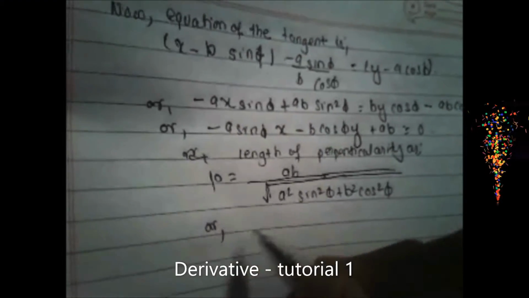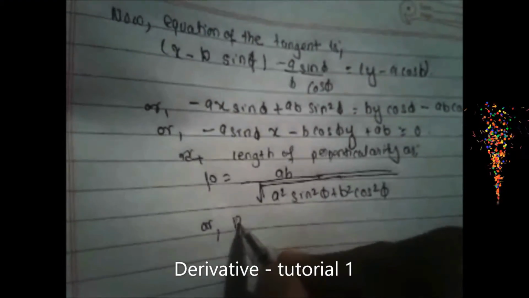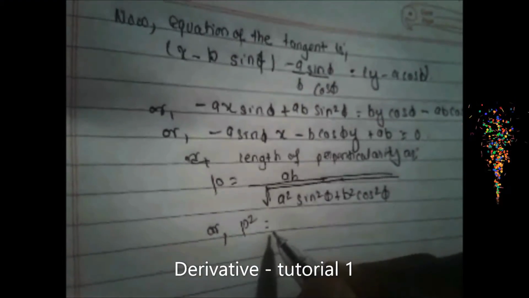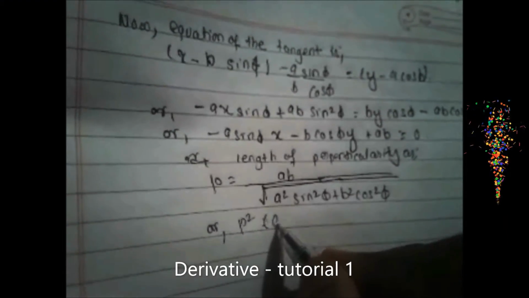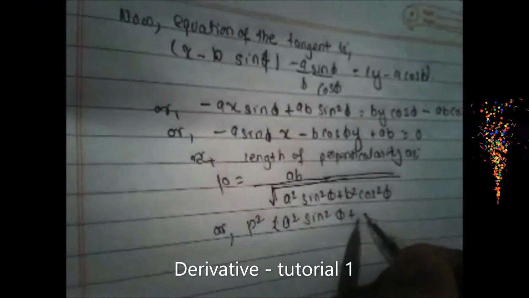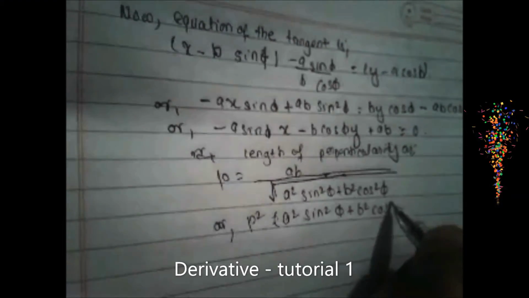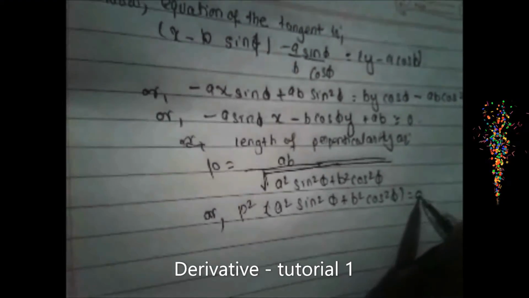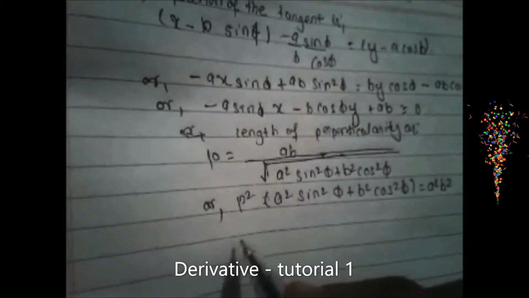When we square it, p square times a square sin square phi plus b square cos square phi is equal to a square b square.